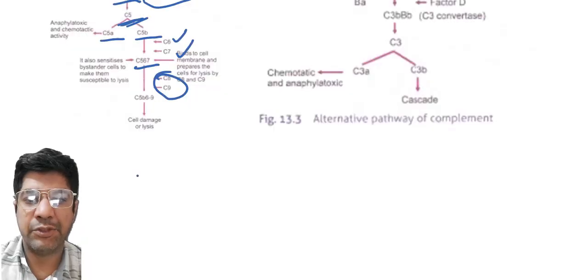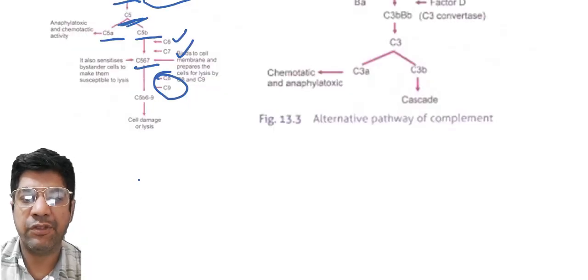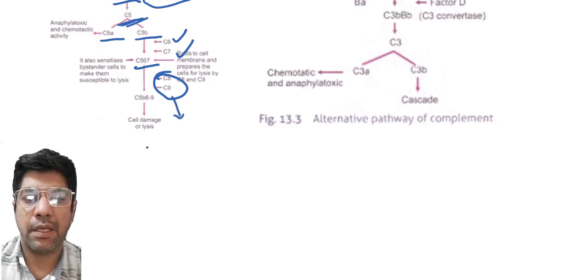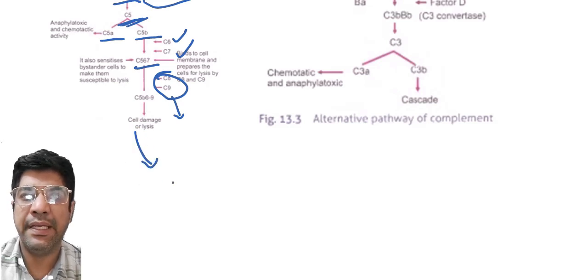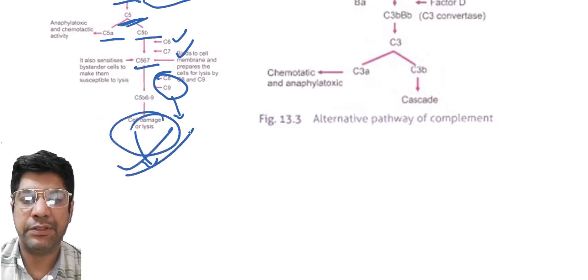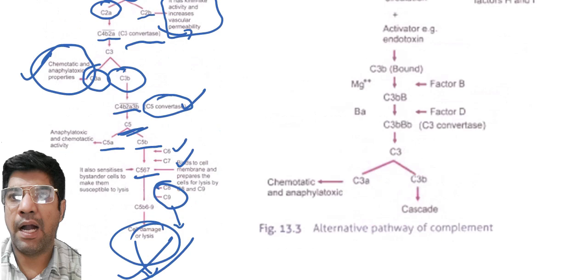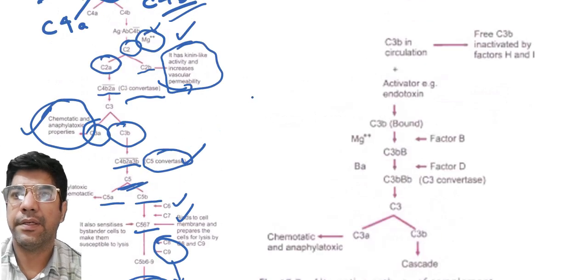C8 and C9 join the reaction and lead to formation of holes on the cell membrane. These holes disrupt the osmotic integrity of the membrane, leading to release of the cell contents and ultimately to cell death.